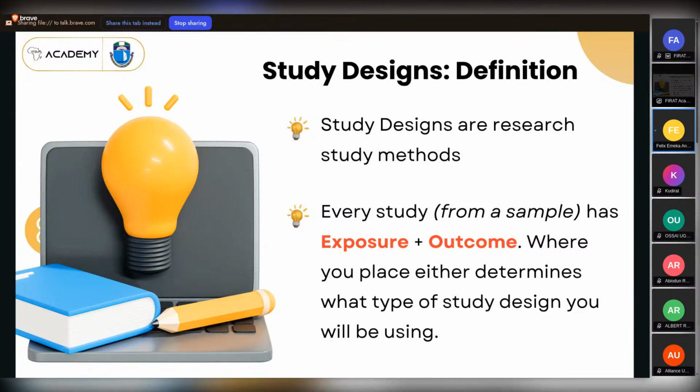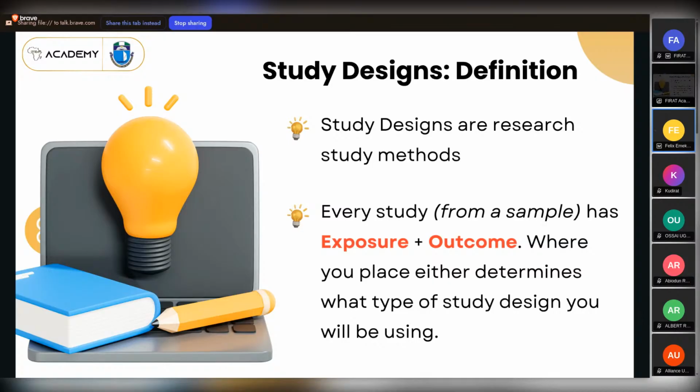Different aspects of study design have their own pattern, the way they flow. But one thing about a study design, apart from the fact that it is a research study method, is that it guides your research. Most of the research we do in biostatistics and epidemiology has two aspects: there would be an exposure and there would be an outcome.